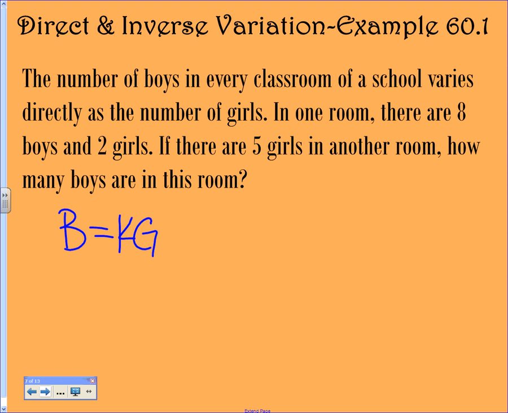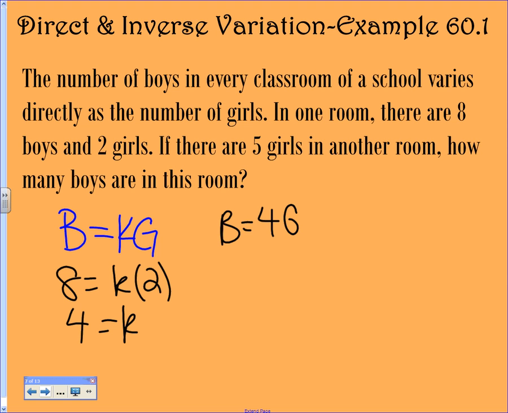So we're going to put in 8 equals, so what is our K? We're not done. That's just our K. So our equation is now, that's our equation to this problem. Because our K is 4.